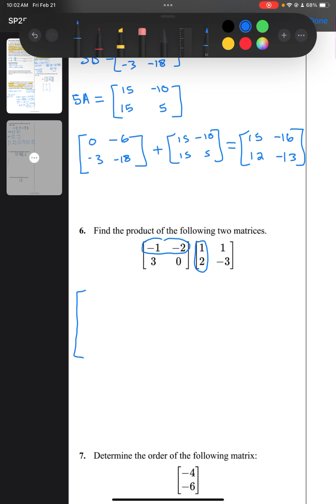That is -1 times +1 plus -2 times +2. Alright, now to our next one. Still in that first row, but now we're on the second column. That's going to be our -1 times 1 plus -2 times -3.